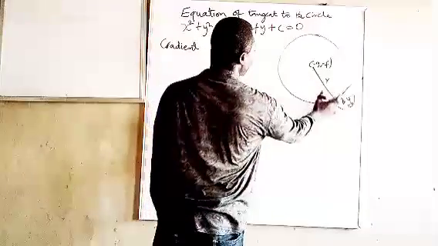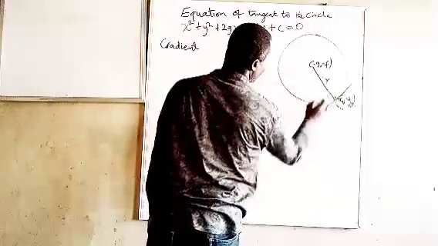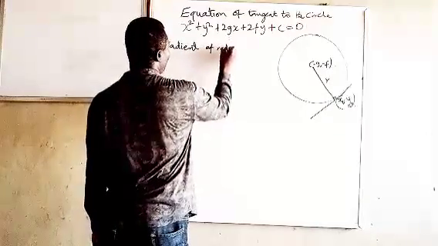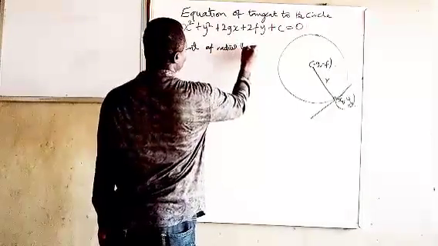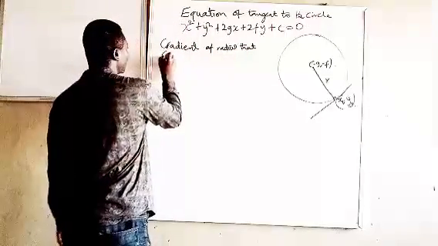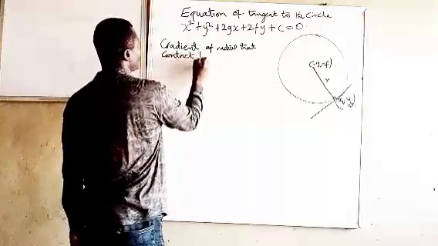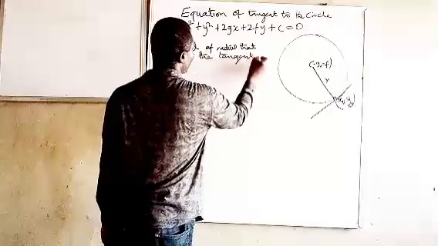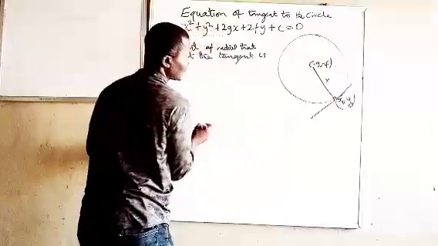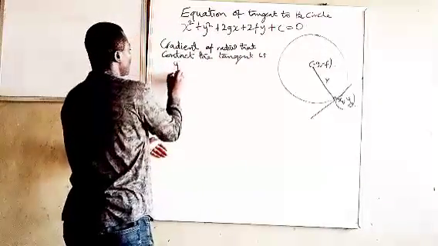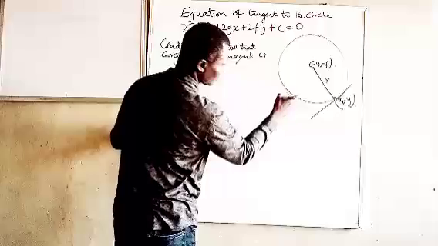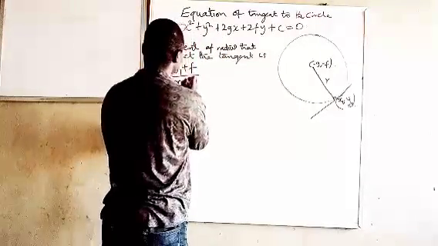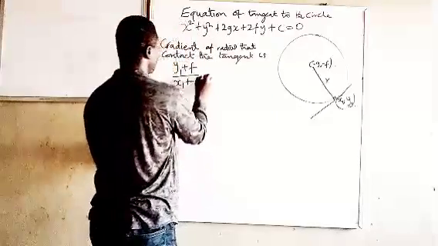Let us find the gradient of this radius. So the gradient of the radius that contacts the tangent is y1 plus f over x1 plus g.